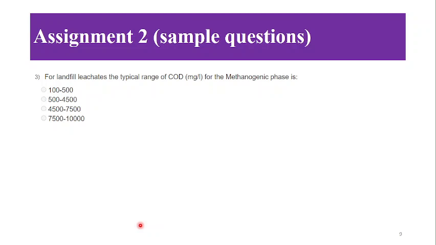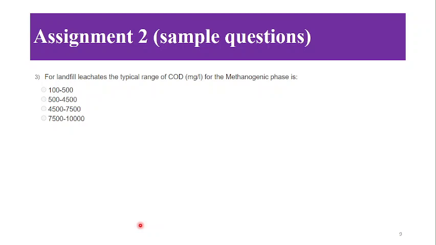So, what is a landfill leachate? When rainwater or any form of water is introduced into these landfills, the runoff can go into the soil, and because of this water being present, it can also lead to degradation of this waste. There are four phases in which the degradation can occur.